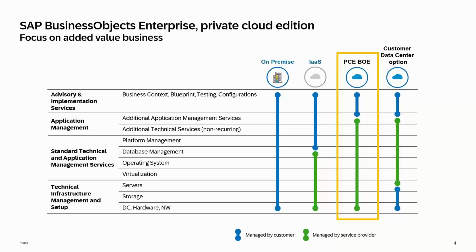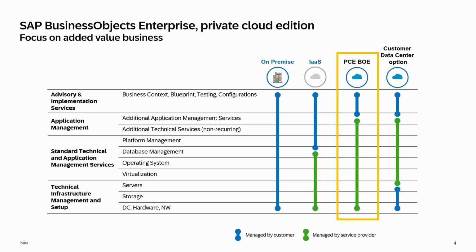And on the right-hand side of the slide, there is even an option where, for any reason, you need to have your hardware on your premises, but you want to delegate some maintenance to SAP.